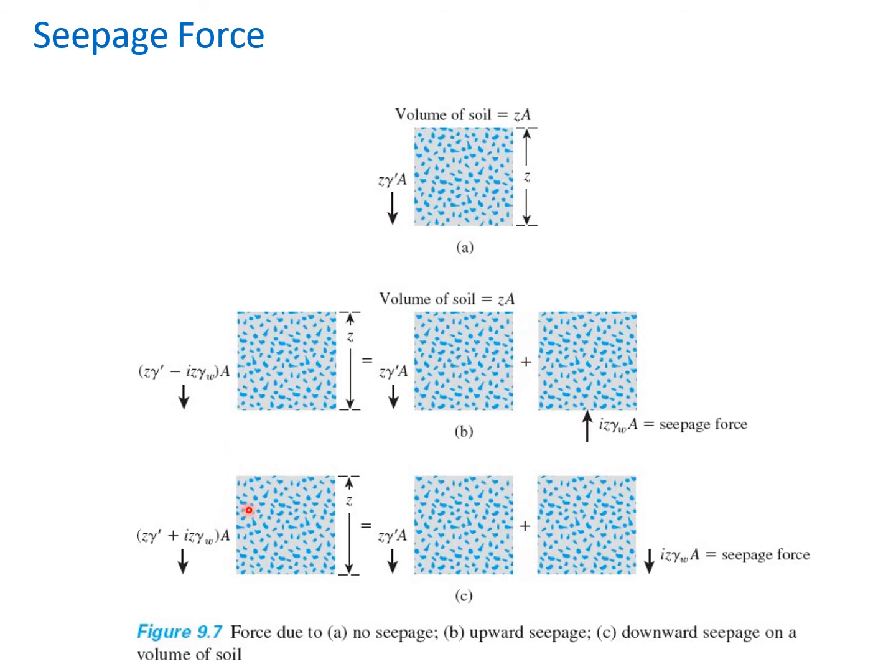And if you look at the downward seepage case, here you have gamma submerged into Z into A, and the seepage in the downward direction, so you can see the seepage force is i Z gamma W A, and if you add them together, this is the effective force that you have over here, and you can see that there is an increase in the magnitude because there is a plus sign here.